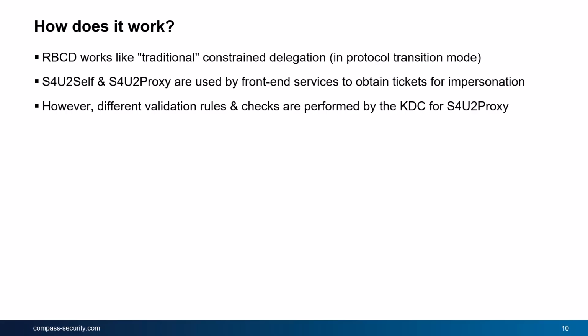The only difference here is how the KDC actually validates the incoming S4U2Proxy requests, or there are some other checks that are performed, but the mechanism to acquire the tickets is exactly the same as with constraint delegation.